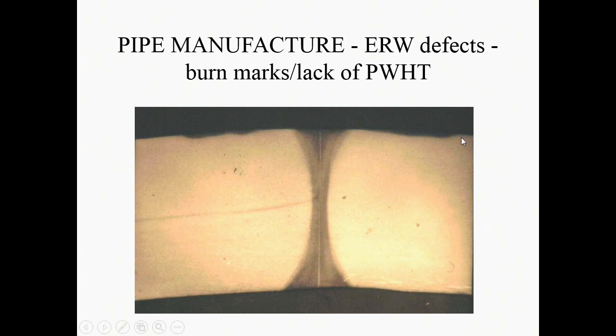Now this one, because it's on both sides, and there looks like a little bit of a burn here on the weld, it looks like that induction system has been broken, and so you're getting more general surface heating. You're not getting it focused along the weld, and certainly it's not penetrating enough to get the weld heat treatment correct. And that would be interpreted as lack of post-weld heat treatment because it didn't work. The process was there, it was used, but it didn't work for whatever reason.